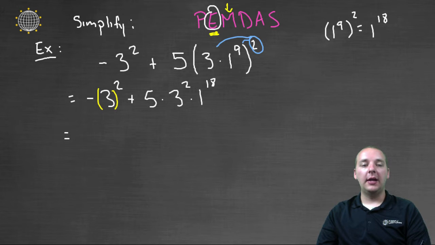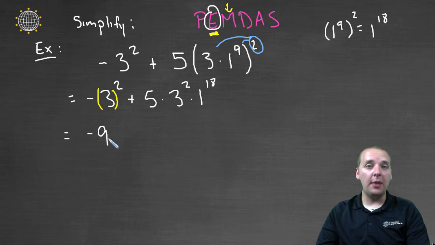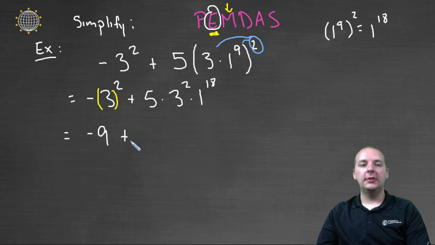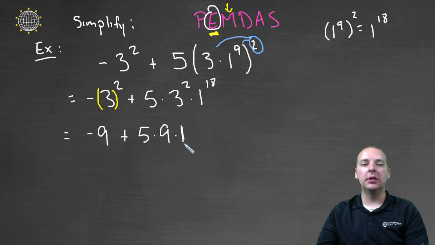So we'd have, in fact, for this first term, negative 9, not positive 9, negative 9 plus 5 times 3 squared is 9, and 1 to the 18th power is 1. 1 times 1 times 1, 18 times would be 1.